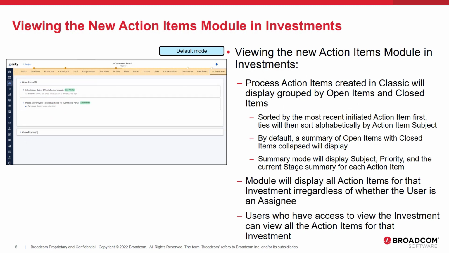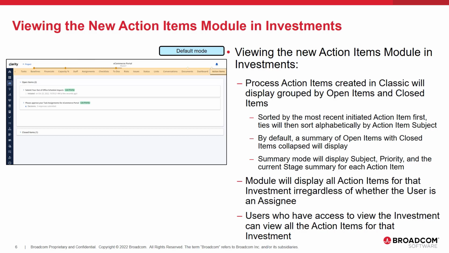As users navigate to the new action items module, this is what they will see. All action items are grouped into two general categories: open items and closed items. By default, open items is expanded in summary form and closed items is collapsed.